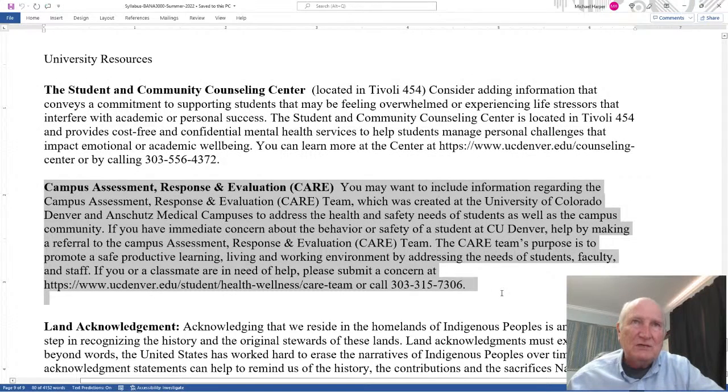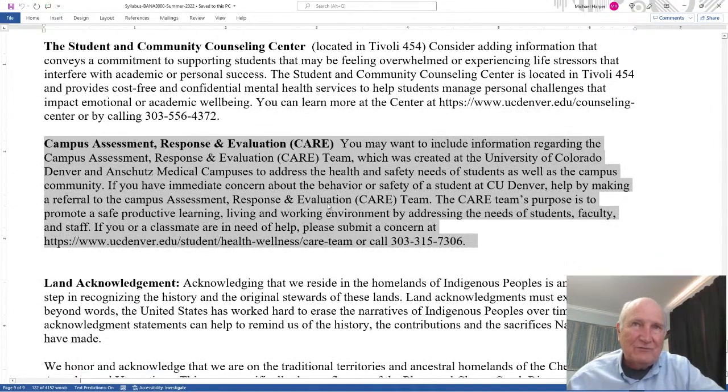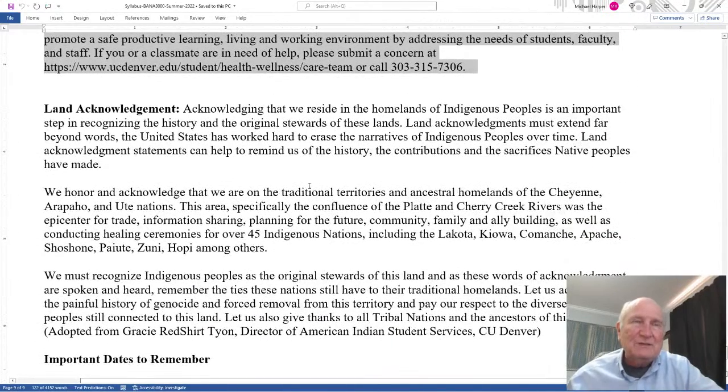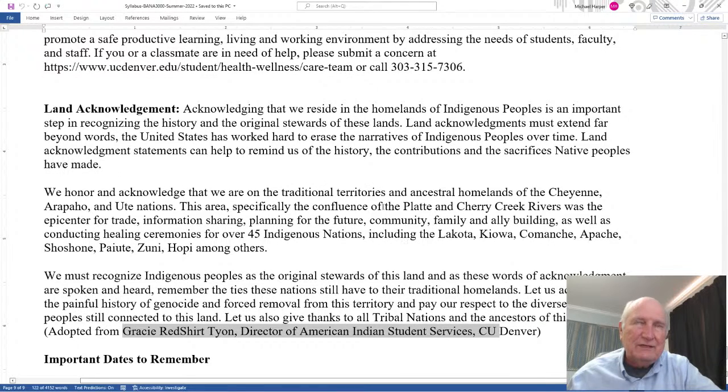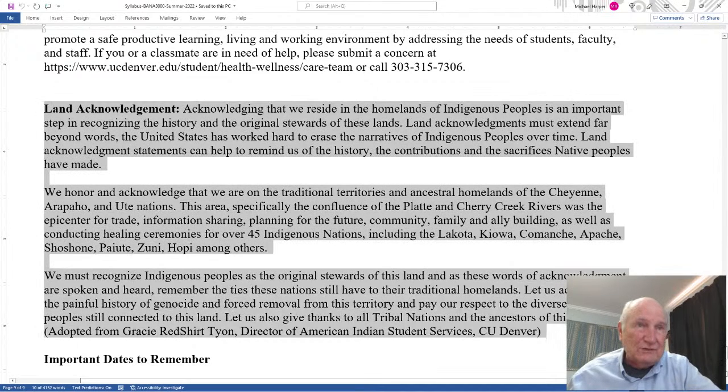Campus assessment, responsibility, and evaluation. The CARE team, I've already mentioned that. Land acknowledgement. This is very interesting also. This is from Grace Redshirt Tyon, Director of American Indian Services. Again, I understand what she's saying, and I agree with the intent.